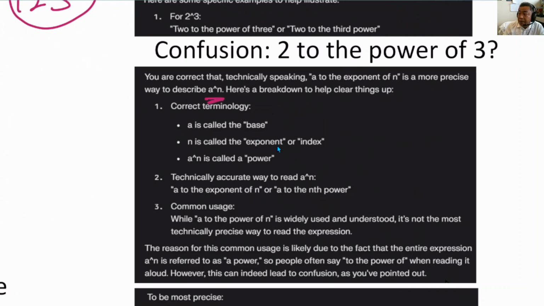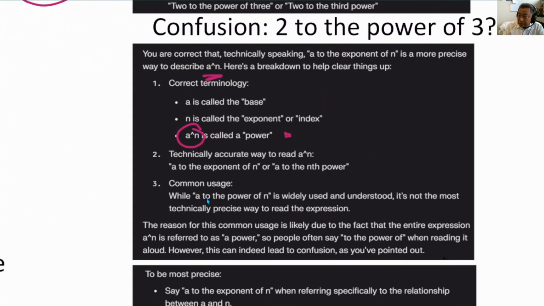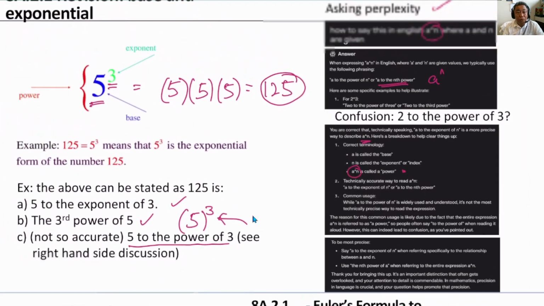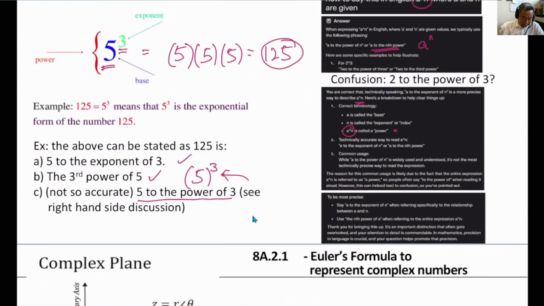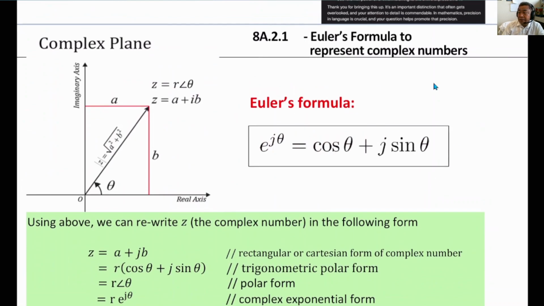A is called the base, n is the exponent, or sometimes also called the index. A to the power of n, that means the entire expression, is called the power. So it says that it is common usage to say a to the power of n, but it is not the technically precise way to say it. So with that, we can now go to the next slide to discuss the complex exponential form.